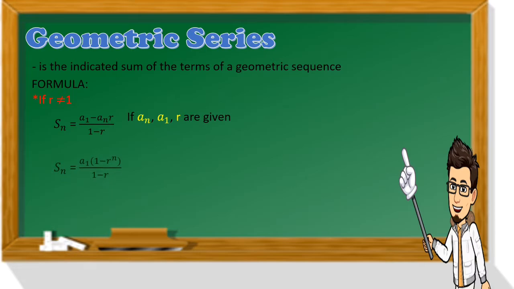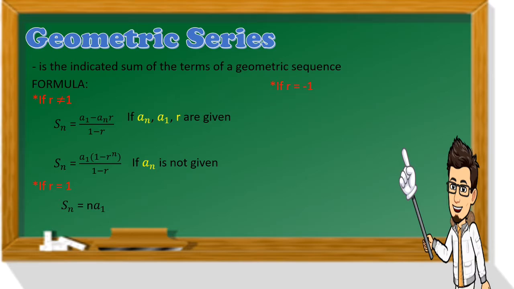We also use the formula s sub n is equal to a sub 1 multiplied by 1 minus r raised to n divided by 1 minus r if a sub n is not given. If the value of r is equal to 1, we use the formula s sub n is equal to n multiplied by a sub 1.